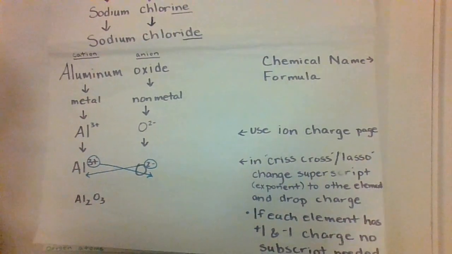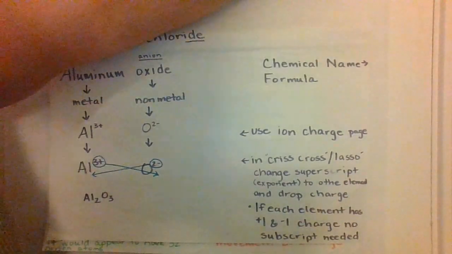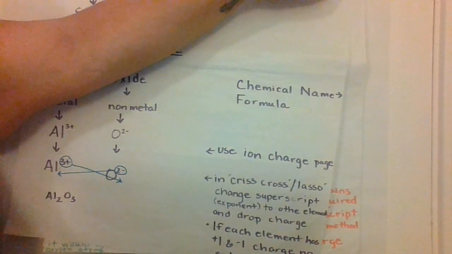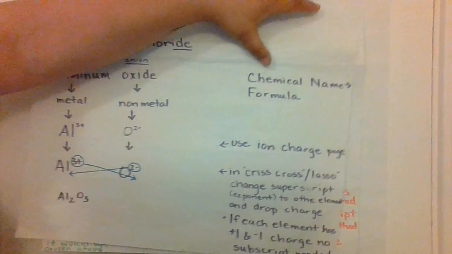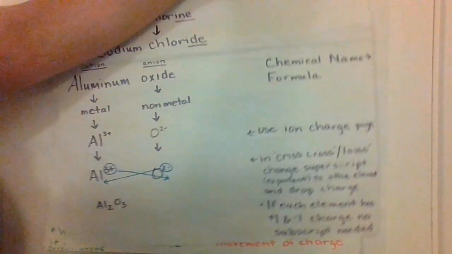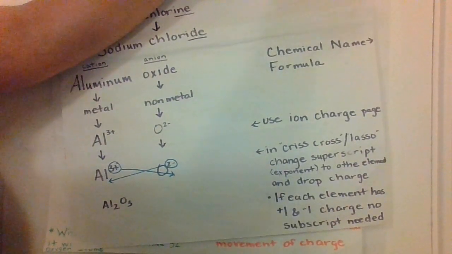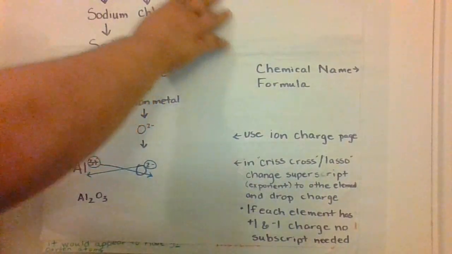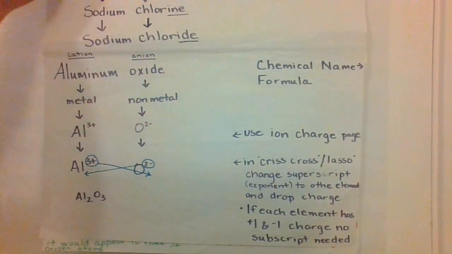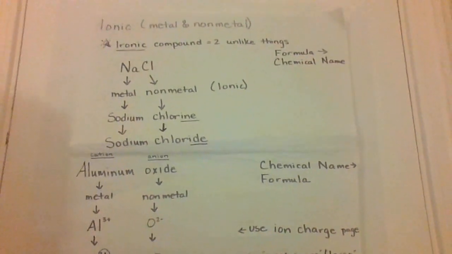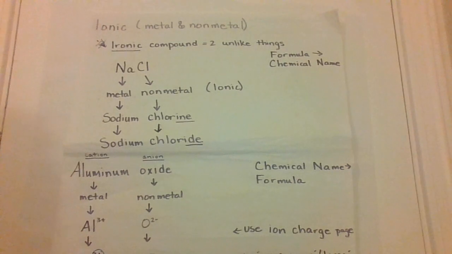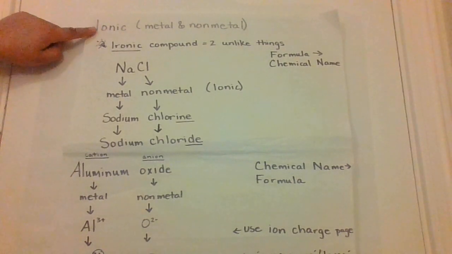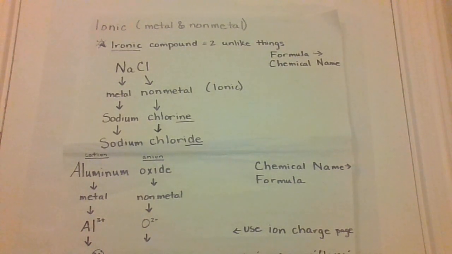All right, so now we're going to take a look at our ionic compounds. Ionic compounds are nonmetals and metals that are combining.